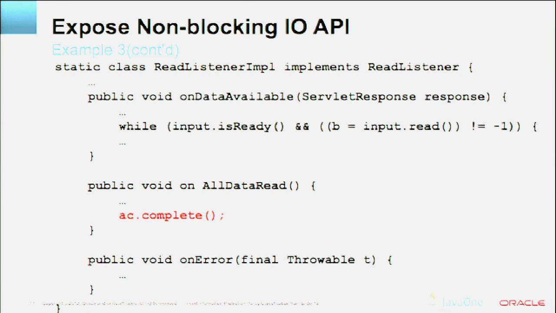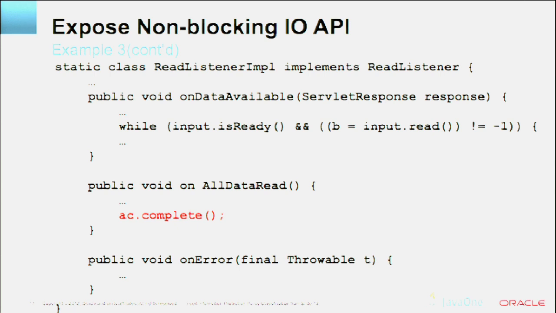Async complete is one of the operations. After you're done reading in an async thread, you can dispatch back to the container, so you don't necessarily need to call complete. You could dispatch back to the container and do more processing. If you know the async servlet API, async complete is just one of the methods. AsyncContext dispatch is another method, where after you're done reading you can dispatch back to the container to say, I'm done with my async operation.